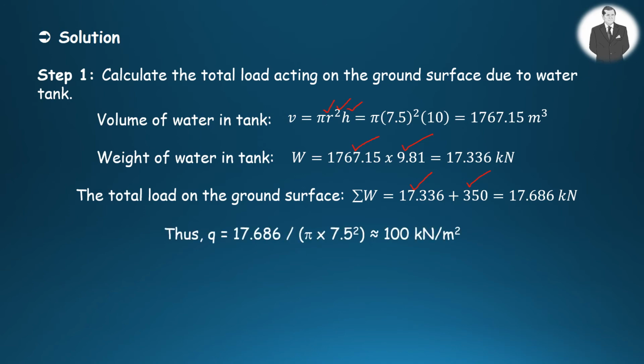Therefore, the pressure acting on the ground will be the ratio between the total load acting on the ground surface and the cross-sectional area of the storage tank.